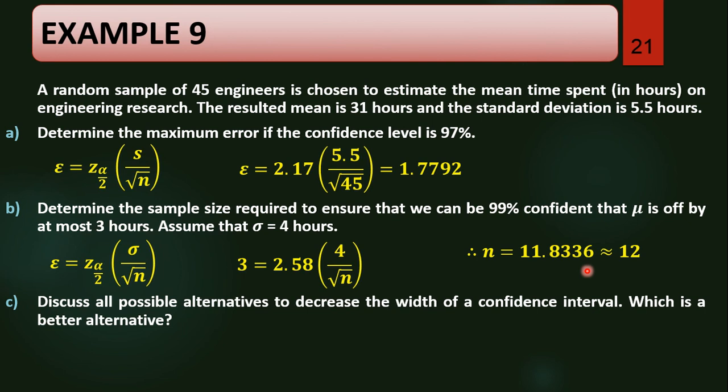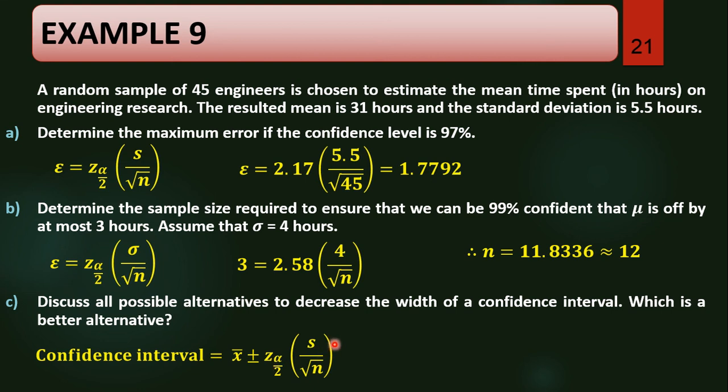And then, how to decrease the width of a confidence interval? Remember back how to construct the confidence interval? This formula. The width is based on the second term here. In the second term, we have Z, which corresponds to the confidence level.